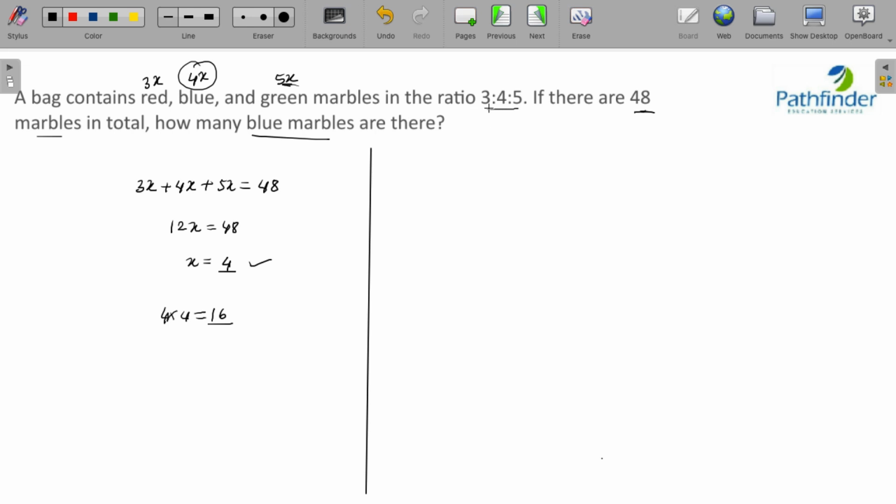Another way to solve this problem could be to ask what part of this bag is blue marbles. Since the ratio is 3:4:5, the part of blue marbles will be 4 upon 3 plus 4 plus 5.